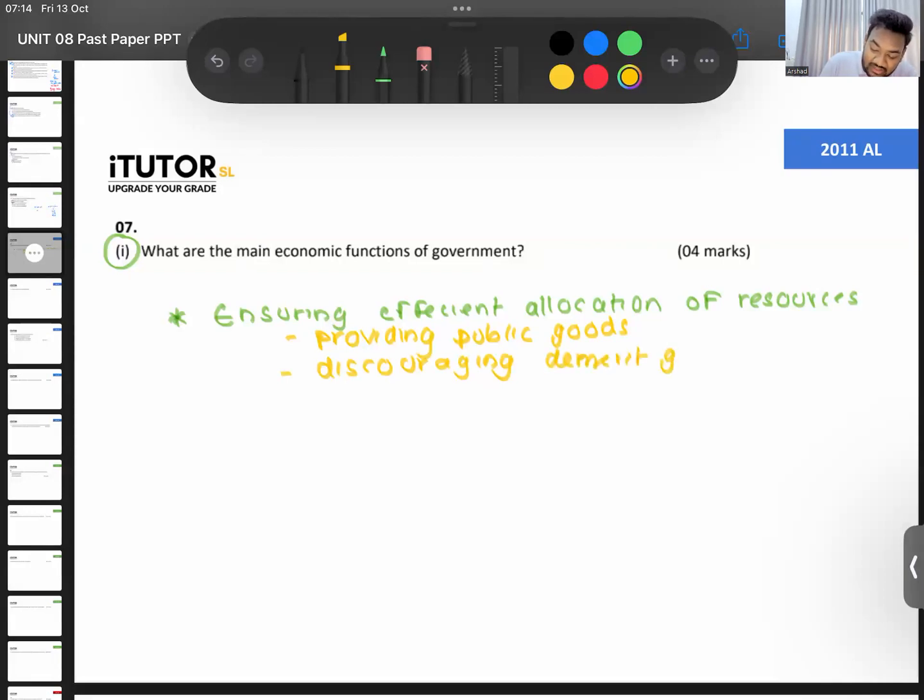Then even encouraging merit goods. Maybe government itself comes and provides certain merit goods. Maybe the government provides subsidies for these industries. All of those different things will come under this. So if you write the main reason, it's all right. So that is number 1.